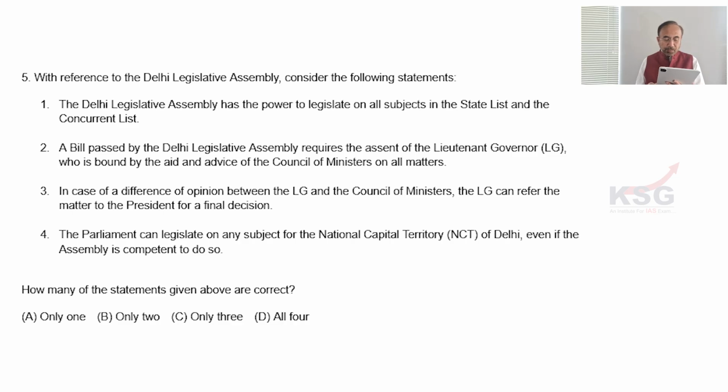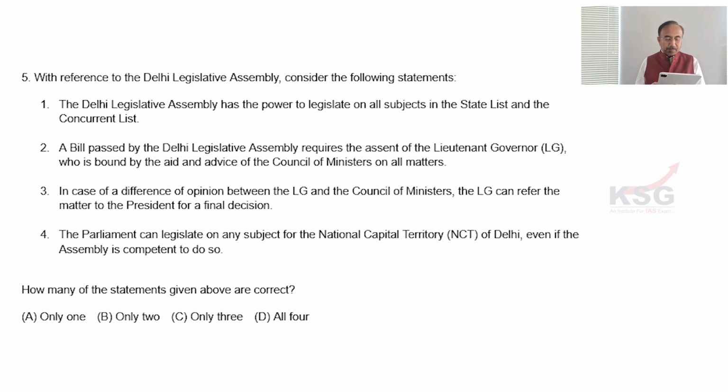Third, in case of difference of opinion between the LG and the Council of Ministers, the LG can refer the matter to the President for a final decision. Fourth, the Parliament can legislate on any subject for the National Capital Territory (NCT) of Delhi, even if the Assembly is competent to do so. How many of the statements are correct?